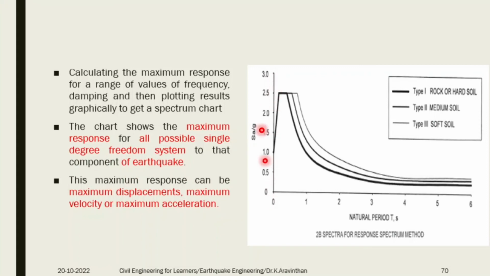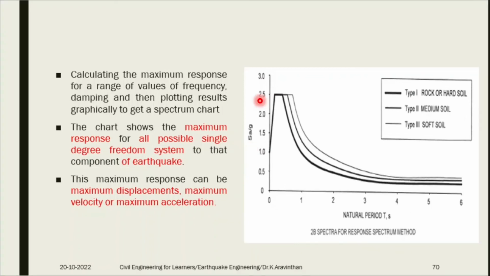This y-axis is called response. This can be either acceleration, velocity or displacement. By this graph what you can understand is, if you are building an earthquake resistant structure, your building has a natural frequency of 0.5. So this is starting from 0, 1, 2, 3, 4, 5, 6.